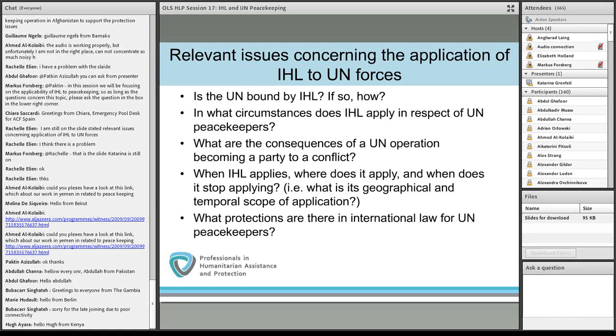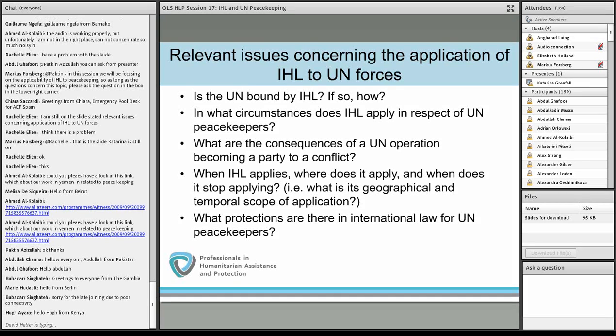They have important implications in terms of how the operation should comport itself and what legal framework the operation would need to apply, such as, for example, if it detained persons in the course of carrying out its mandate.